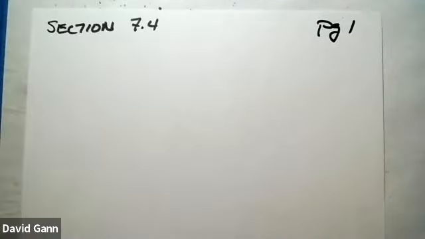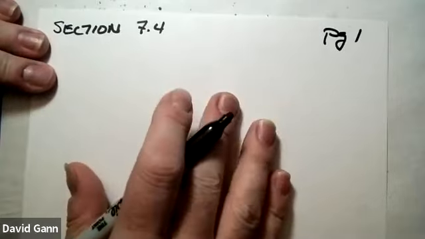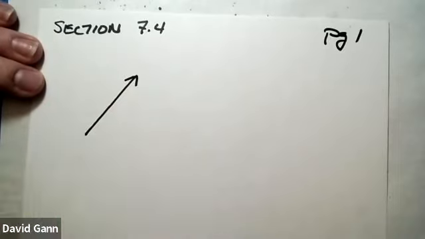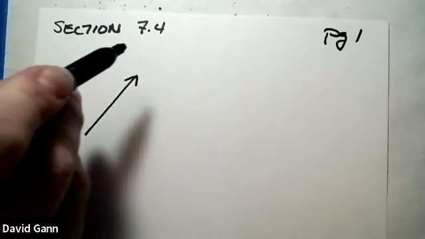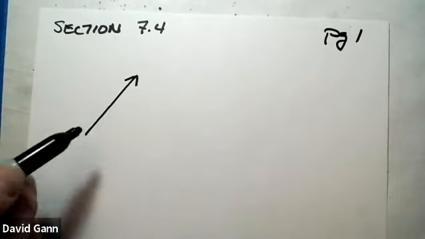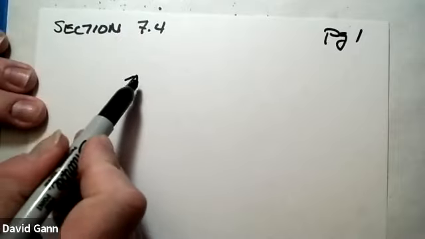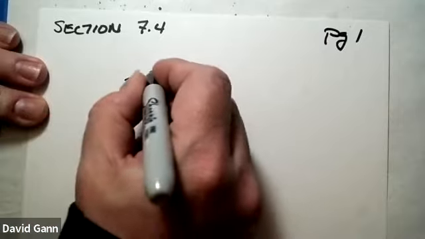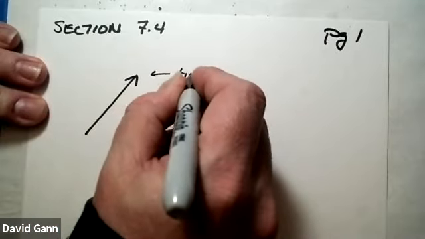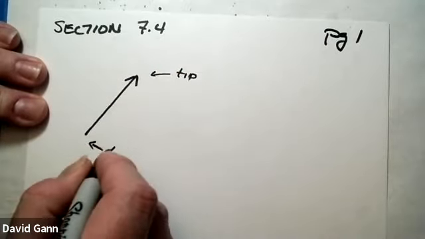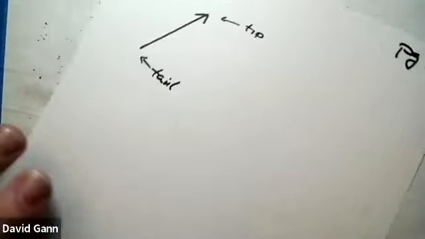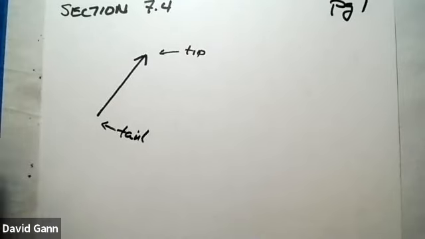So consider then if we had some kind of an arrow where there's a preferred beginning point and an end point. The arrowhead, if you will, is called the tip. And the tail. These are kind of colloquial terms, but we'll use them quite frequently as we talk about this.